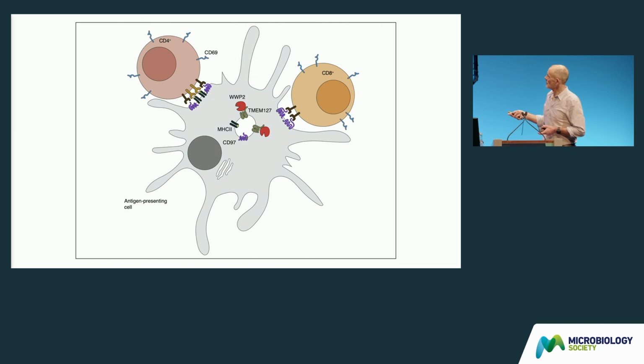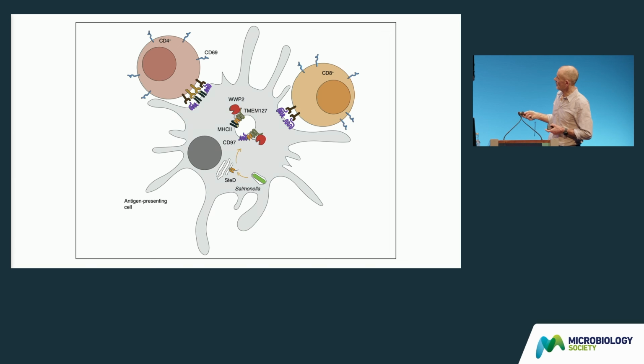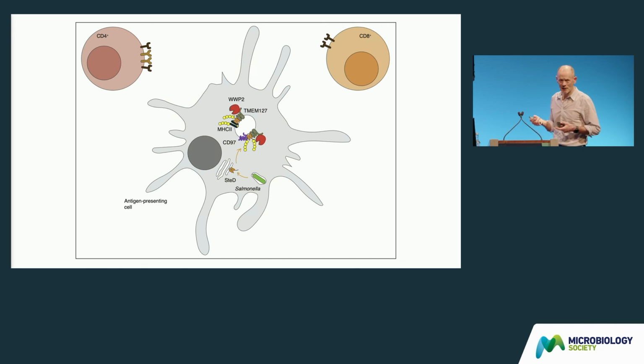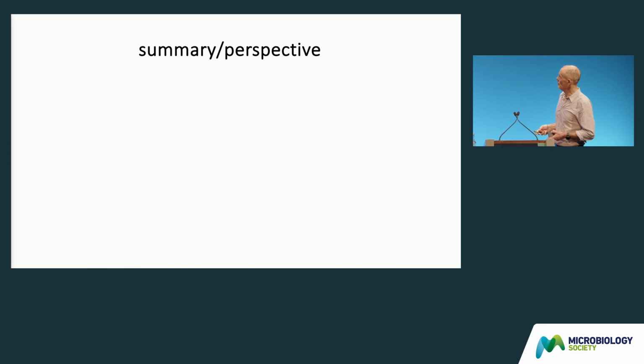So this final slide depicts that whether you have CD8 or CD4 T cell engagement in dendritic cells, if Salmonella is present, then STD can recruit these host molecules to cause the degradation of both MHC class II and CD97, depleting them from the cell surface, and then releasing prematurely the interactions between T cells and dendritic cells, thereby dampening or inhibiting an adaptive immune response.